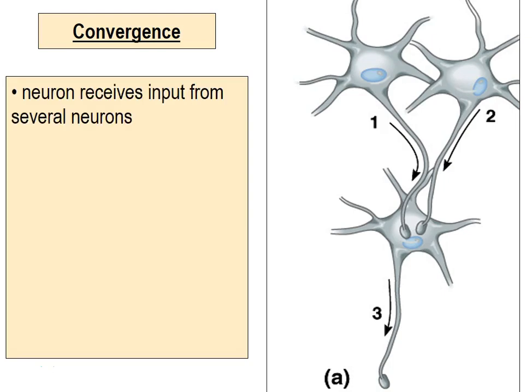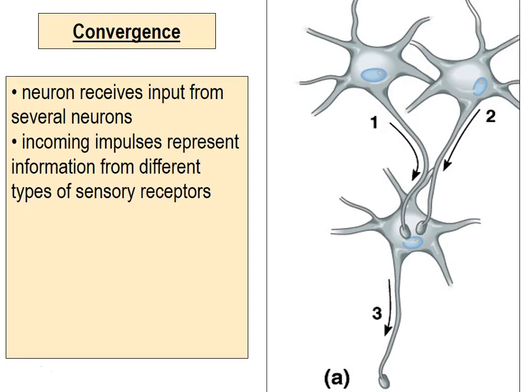So in this picture, neuron 3 is receiving input from neurons 1 and 2. You have impulses that represent information from different types of sensory receptors, depending on what triggered neuron 1 and what triggered neuron 2.